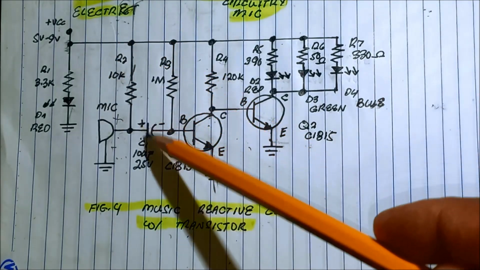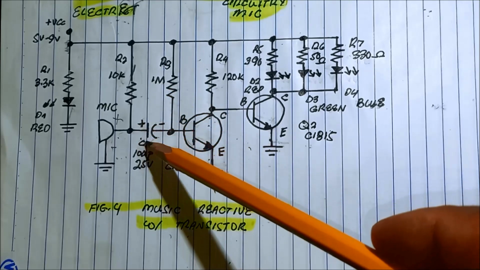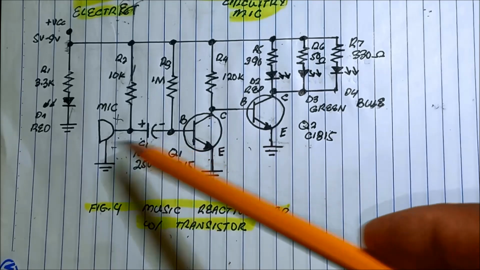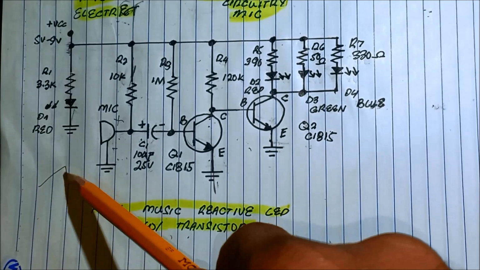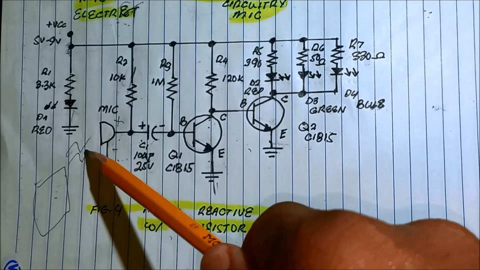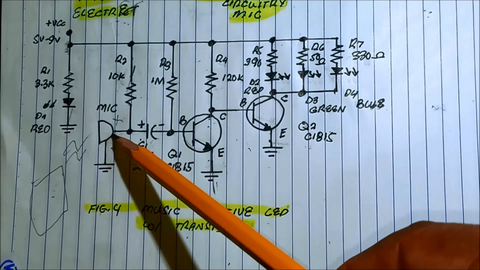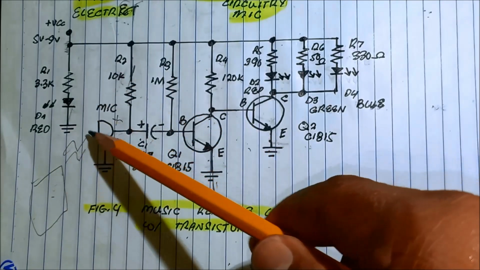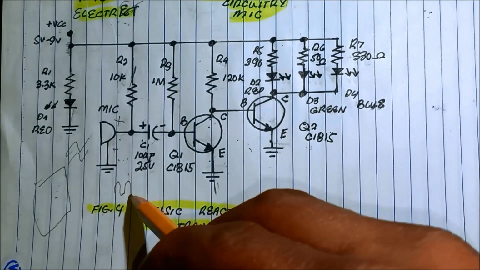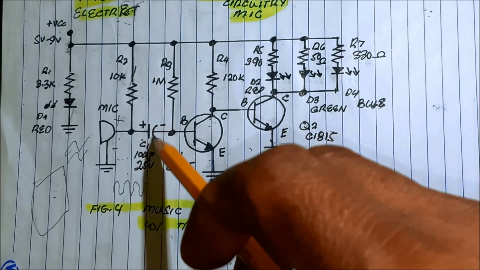It blocks the DC, direct current, and it will pass the AC, alternating current, or the analog signal. Because here we are using the tablet to provide music to the mic, wherein the mic will capture the music, or the sound detected by the mic, and then the music, which is in the form of an analog signal, an alternating waveform, is passing to the capacitor.